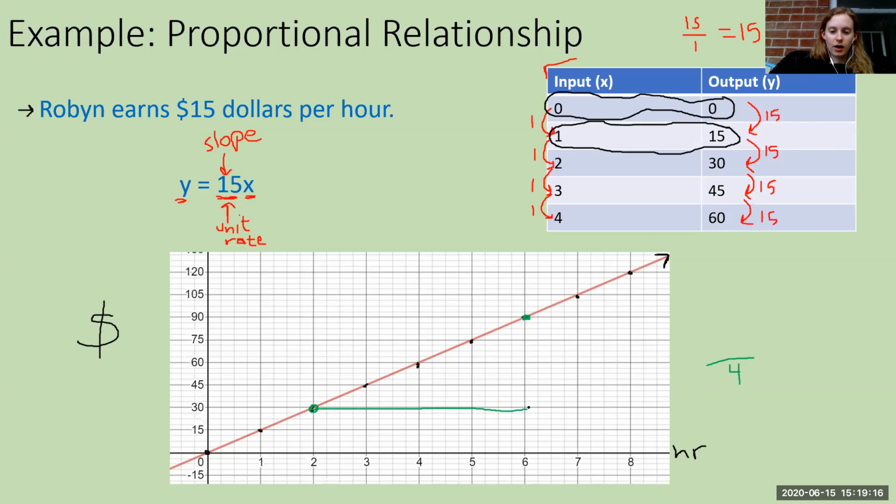And I would need to go up 15, 30, 45, 60, because each of these blocks here represents 15. So 15, 30, 45, 60. So I get this slope of 60 over 4.